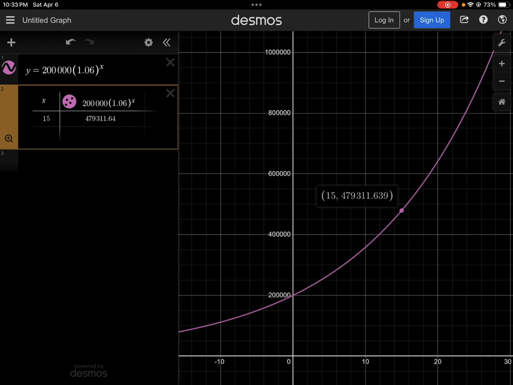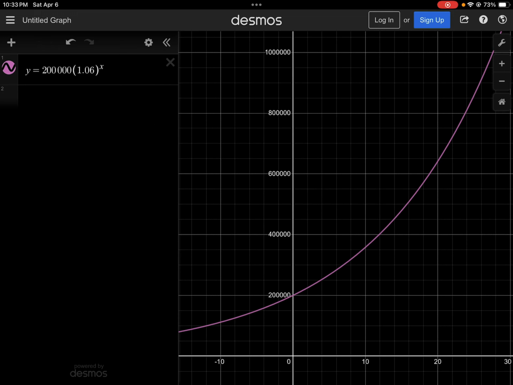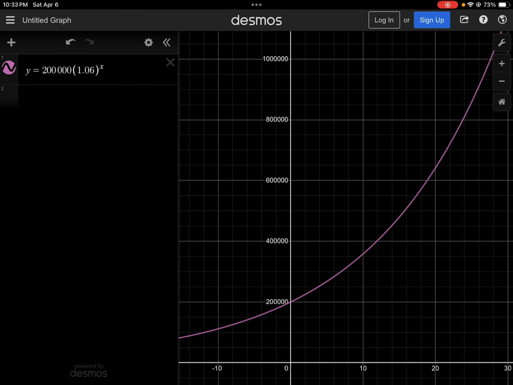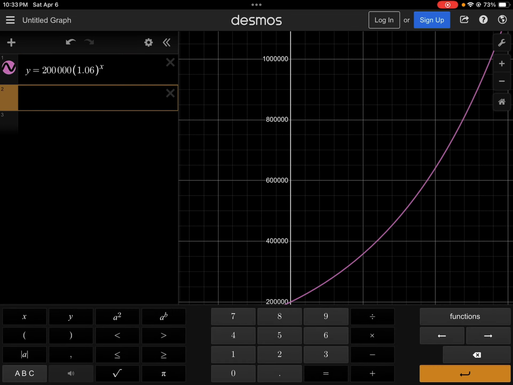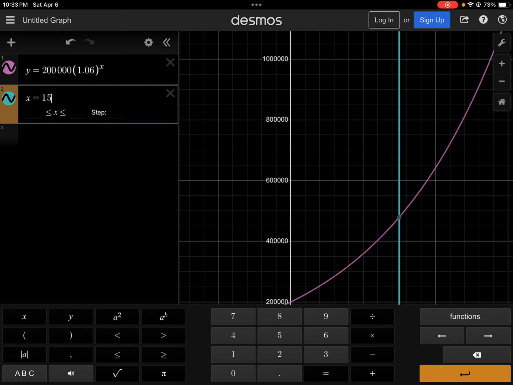Is there another method to do it? Well, another method is you may tap the graph and then you can scroll your finger until it goes close to 15 and you can see where it is. That's not very safe because you may not be able to read it. Another way is to just type x equals 15.